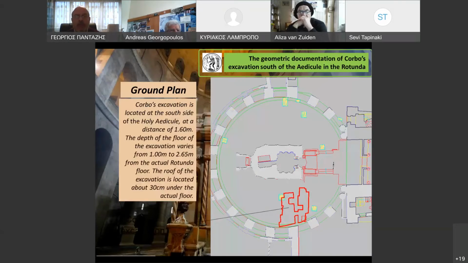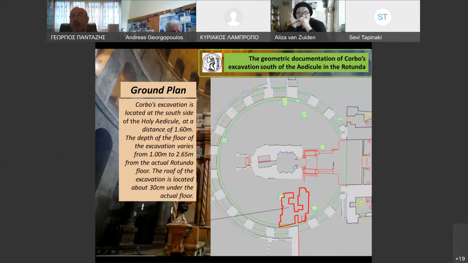And the same geodetic and photogrammetric methods were applied in order to document the Corbus excavation, which is situated south of the Edicula in the Rotunda. This is the ground plan. This is the Corbus excavation near the Holy Edicule.